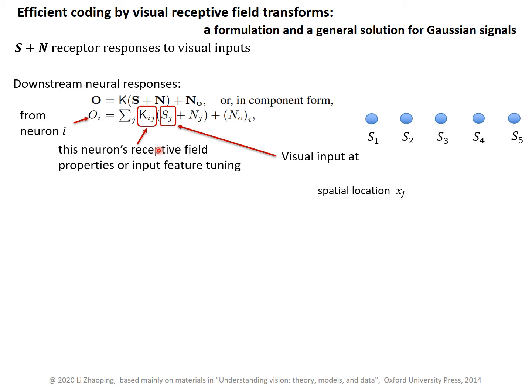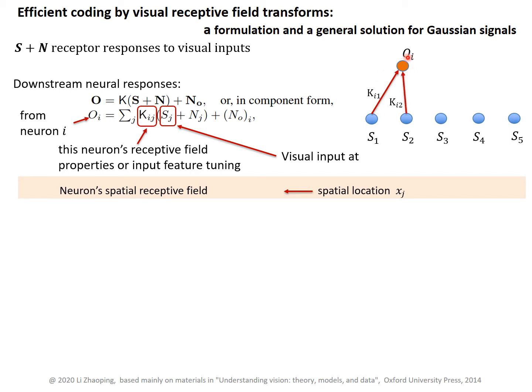So if input S is for spatial inputs, then K describes the neuron's spatial receptive field. For example, if you have an output neuron Oi, then Ki1 is the effective connection from S1 to Oi, and then Ki2 from S2 to Oi, and so on and so forth.